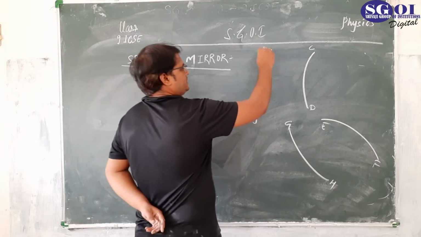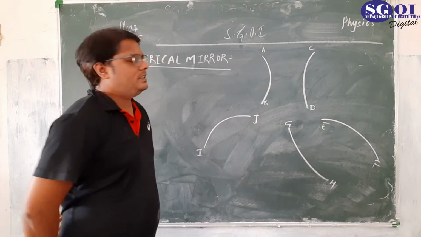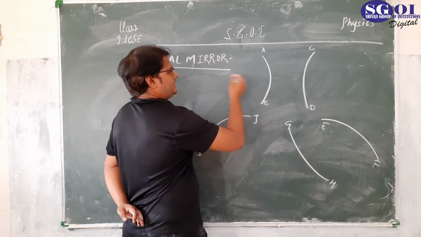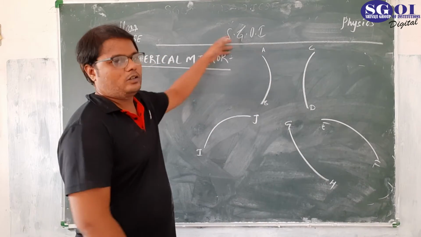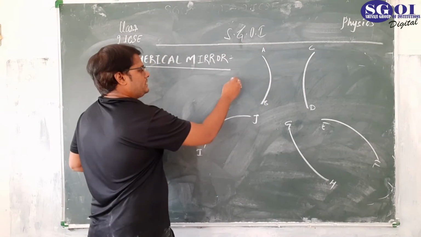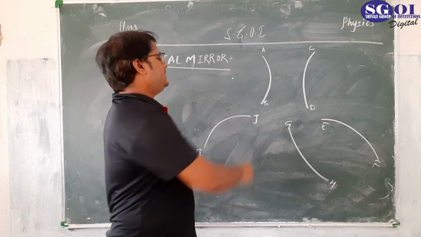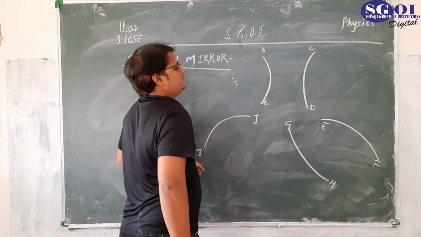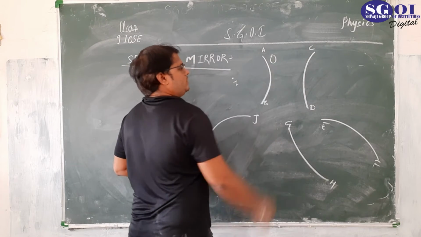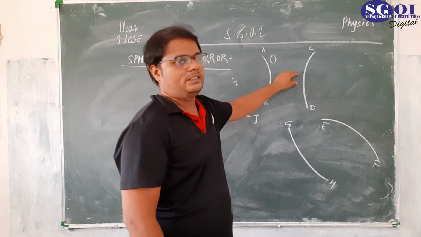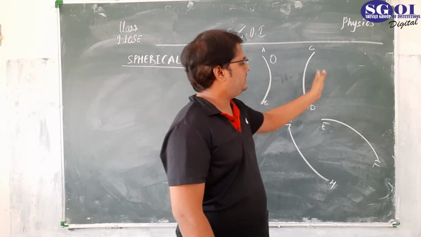For this surface, where does the center lie? It lies on the left side, because if you complete the whole sphere, center would be somewhere here. So this side is inner side. This side is outer side. For this surface, center lies towards right.